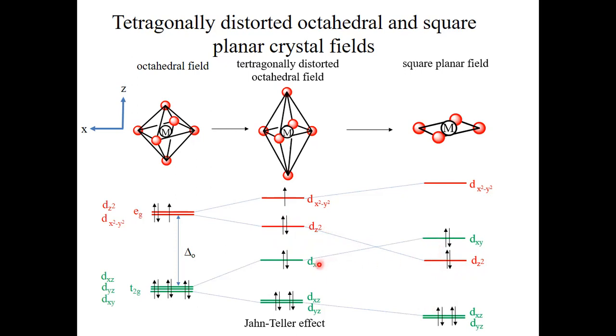The energy of the dxy electrons has somewhat gone up, but on the other hand, the electrons in the dxz and the dyz orbitals go further down. So I gain a lot of energy by distorting further from the tetragonally distorted octahedral field to the square planar field, and we have a nice explanation for why the d8 electron configuration likes the square planar shape.